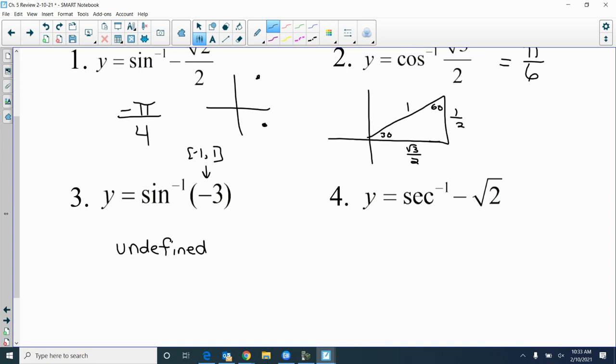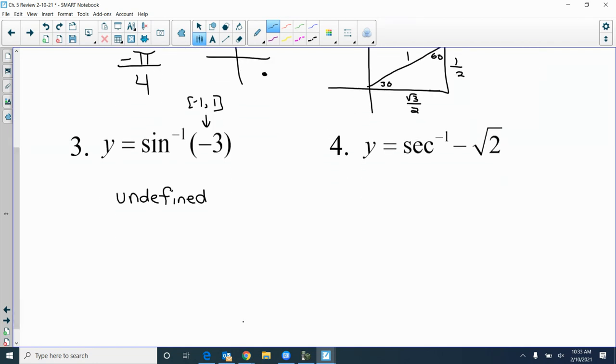All right, inverse secant of negative square root of 2. Before you say undefined, you've got to think about it a little bit. So we want to talk about not inverse secant, but inverse cosine. Think about this as the inverse cosine of 1 over negative square root of 2.